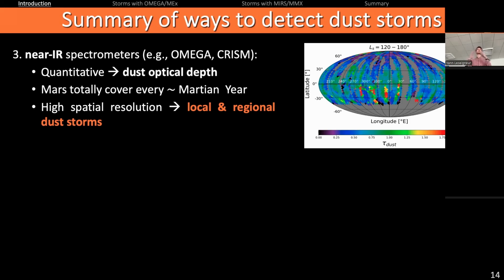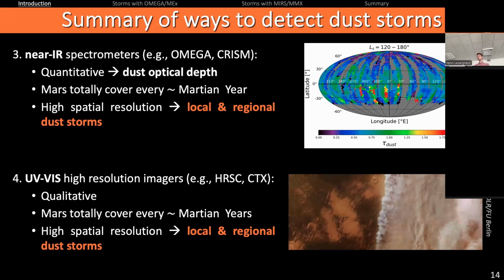We can map the overall planet in one Martian year, but with this high spatial resolution. And also we have the UV visible high resolution imagers, again built for studying the surface. So we can have a quantitative study, and again with a bad coverage of Mars, but with a very high resolution. So it will be very useful.